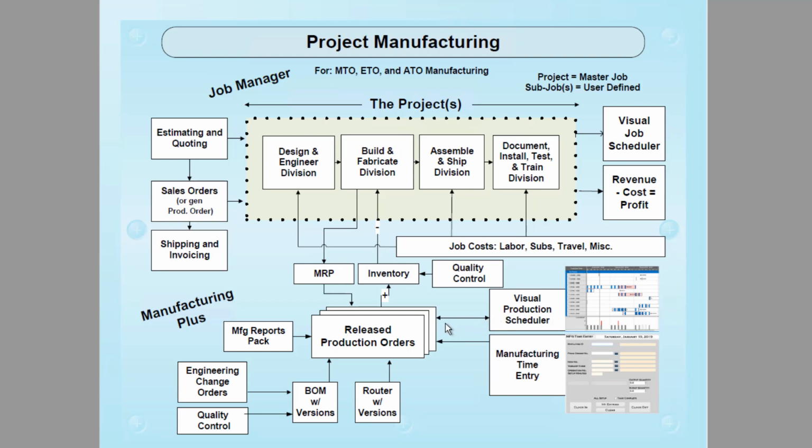You'll notice the arrows are double arrows, so it means it can be sent from production orders to the scheduling board and from the scheduling board back to your release production orders. We want that two-way integration.